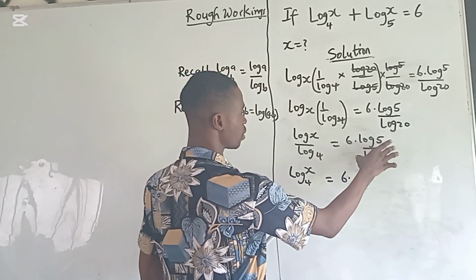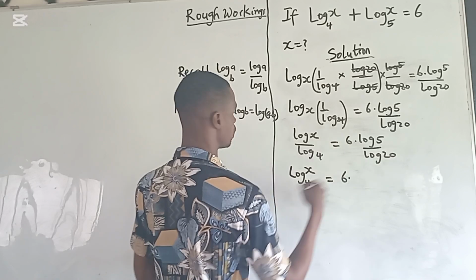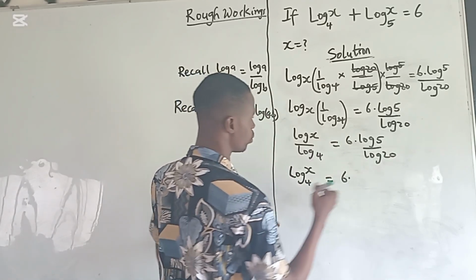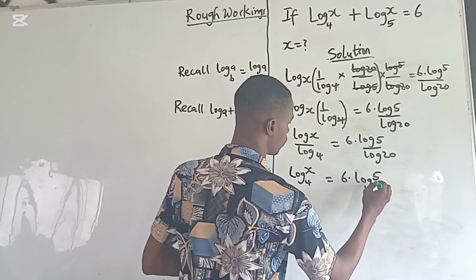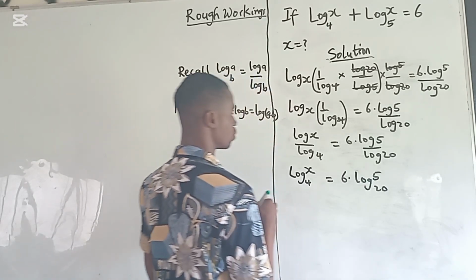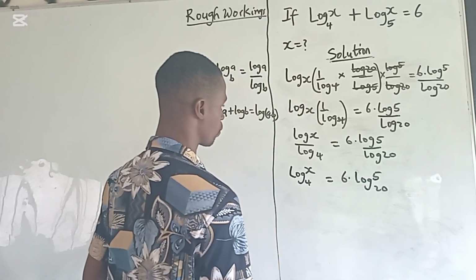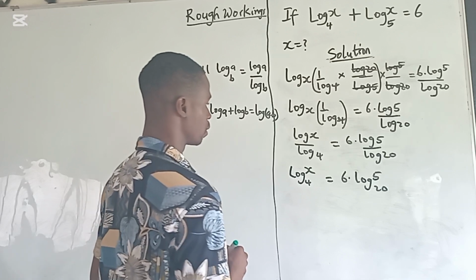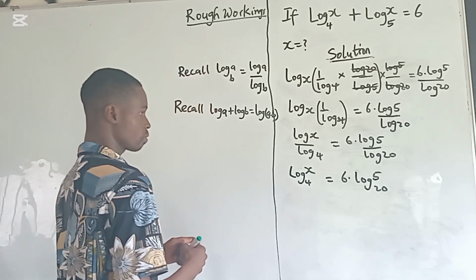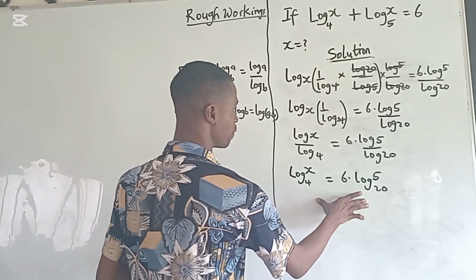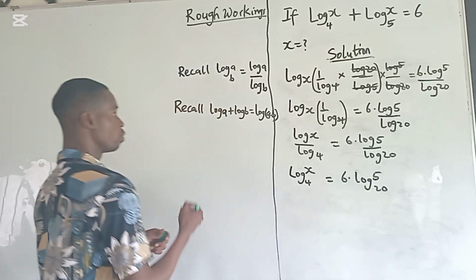Now, the same thing we did here, that's what we are going to do for this. By following the same principle, we now have log 5 base 20. Also, to simplify this now, there is another principle we have in logarithm.